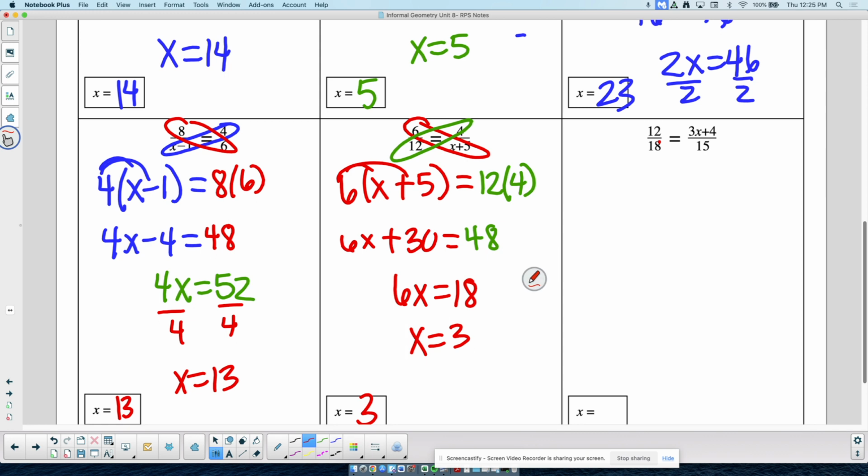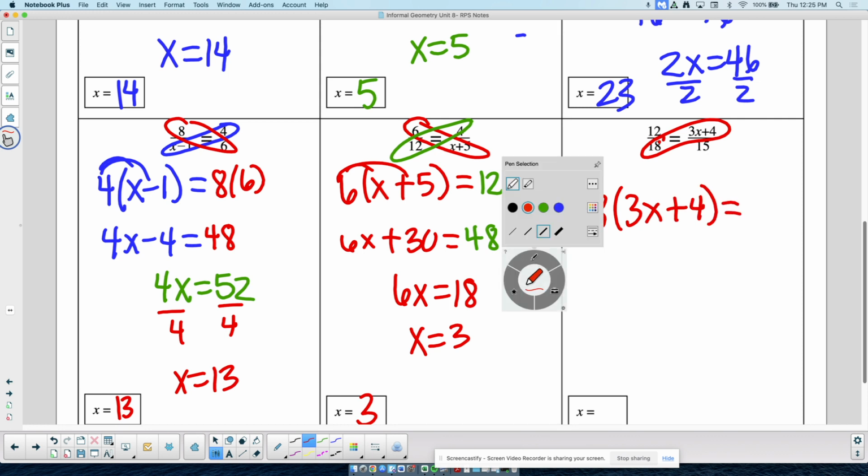Last one here, a little more challenging, but nothing you guys can't handle. So 18 on the outside, 3x plus 4, is equal to 12 times 15.